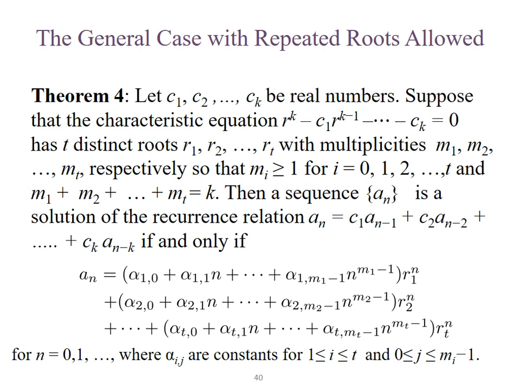So if the repeating number is 2, then we will have 2 terms. However, if the multiplicity is m1, then we will have m1 terms for the repeating root of 1. Okay, so it follows for r2, r3 to rt. So it depends on m1, m2 to mt. What's the number of multiplicities?